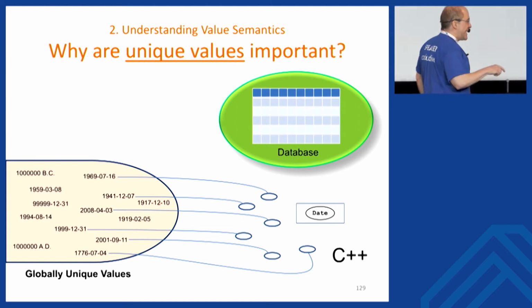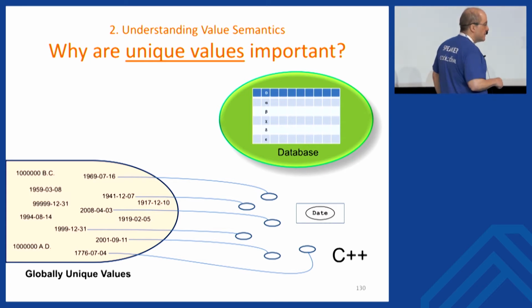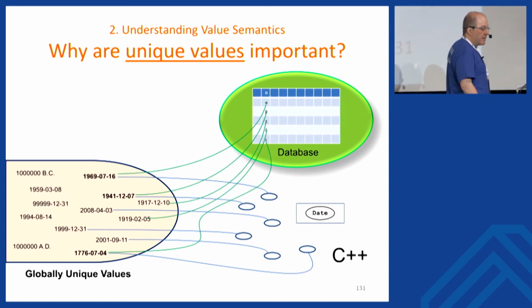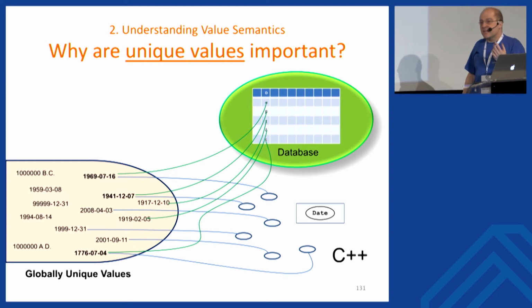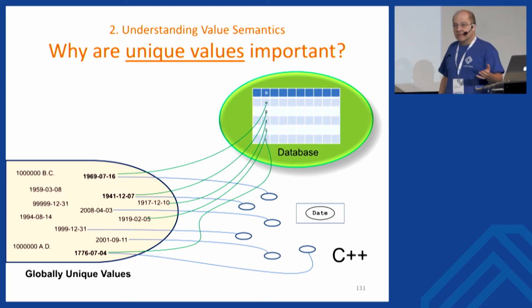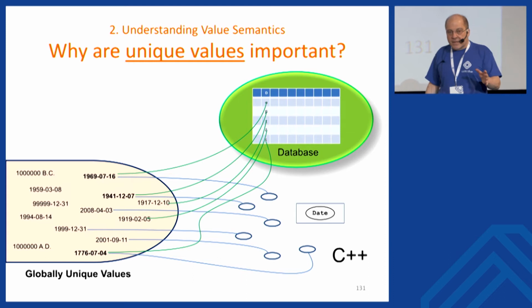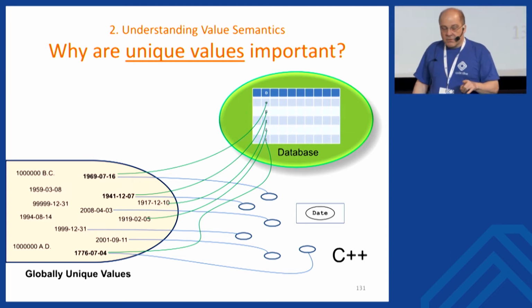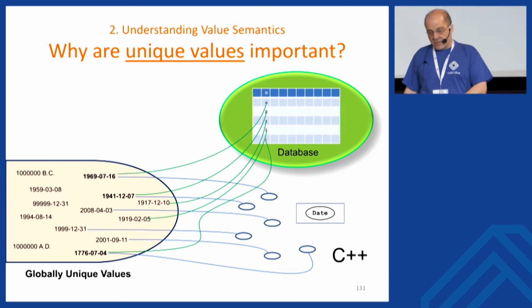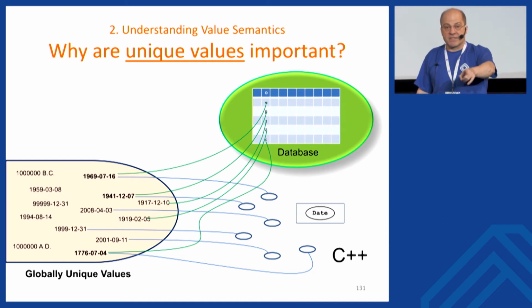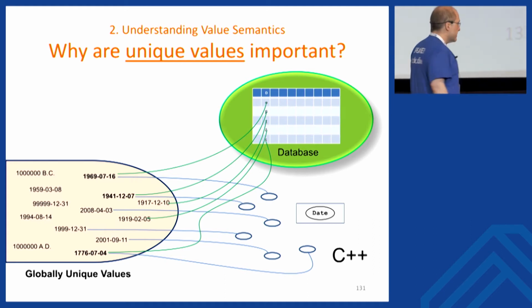But they still represent the same value. These things in the database refer to the same value. They're not equivalent. They're not equal. They refer to the same. You have a new appreciation: you have equivalent, you have equal, and you have the same. That's identity. Values have identity.